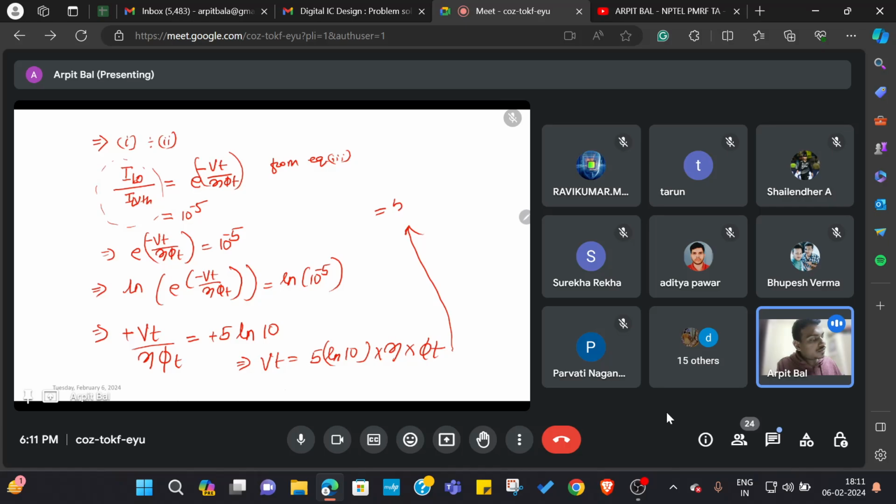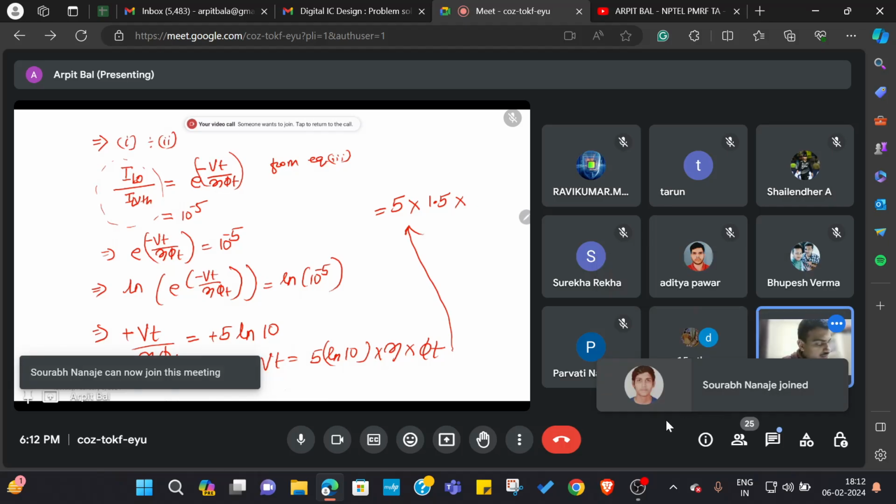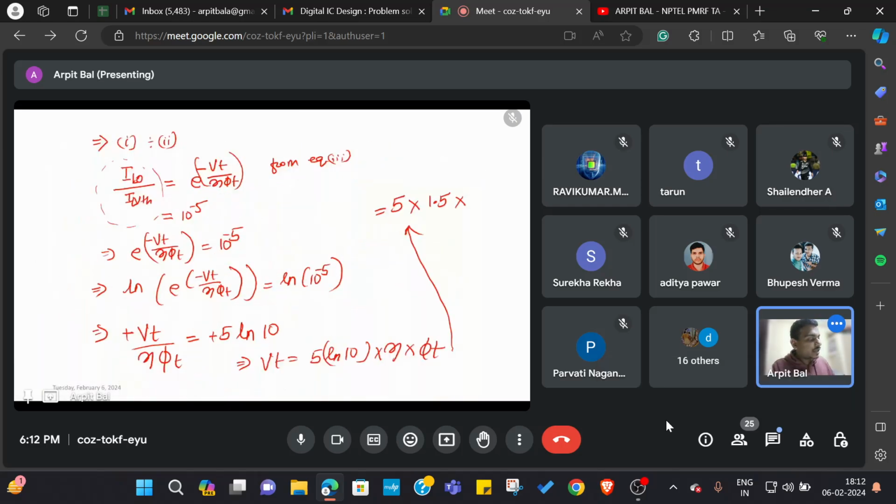This is equal to 5 into, so eta value is already given to us as 1.5. Okay, and temperature is given to us as 298 Kelvin.